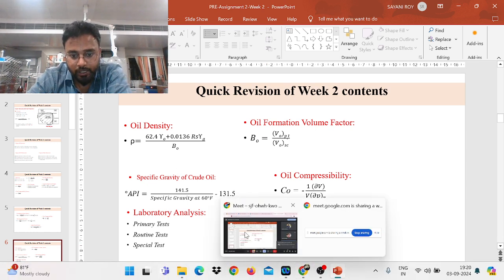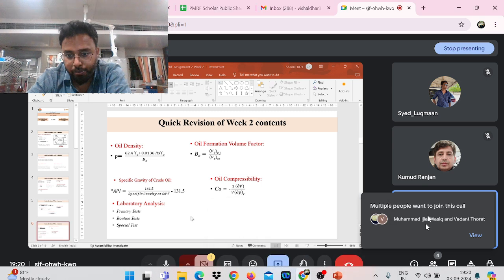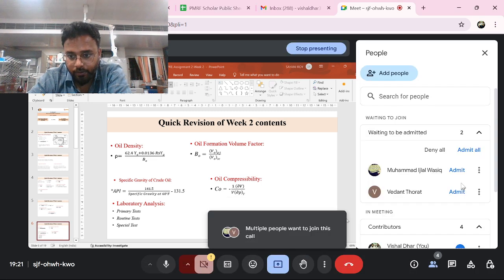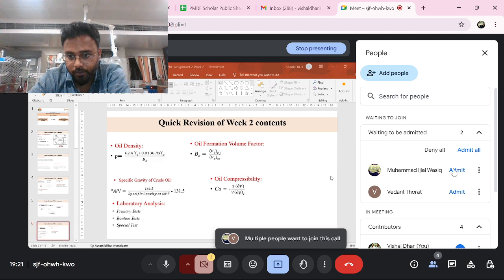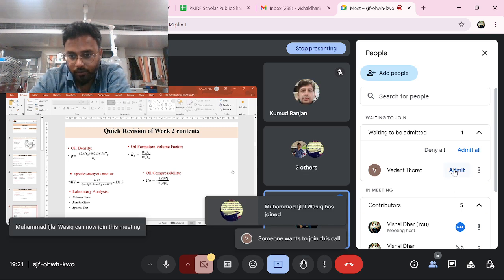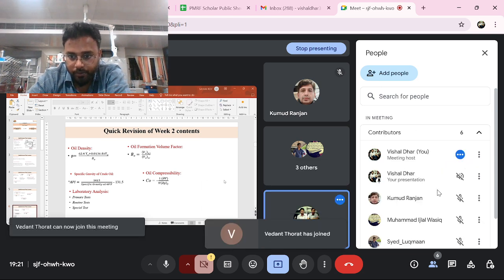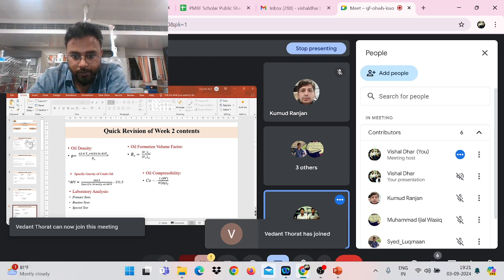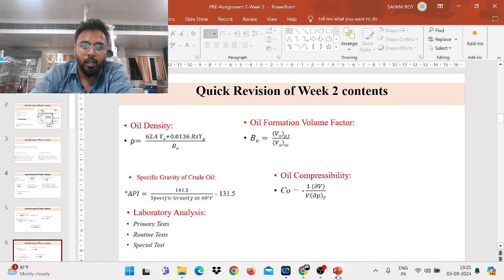I will be going to the numericals next. Write down the formulas. We will be needing these formulas while we are solving the numericals.